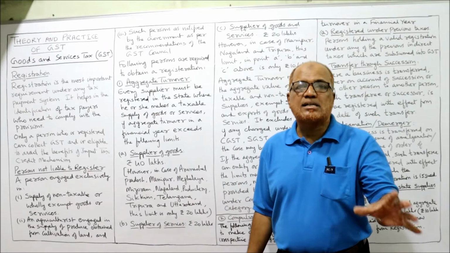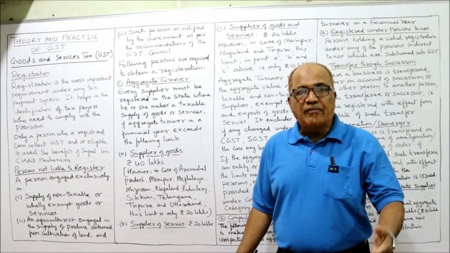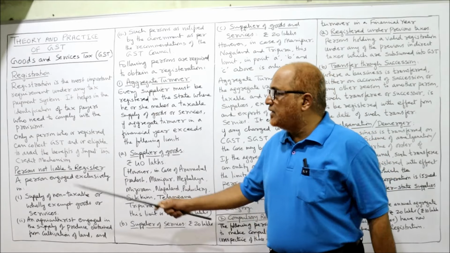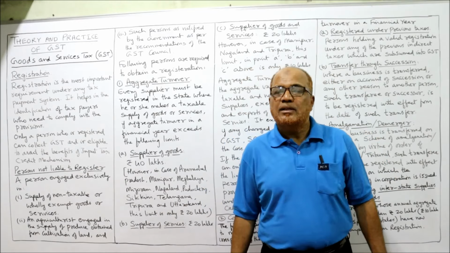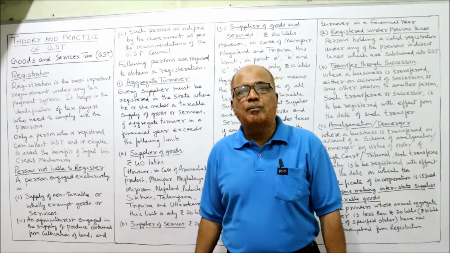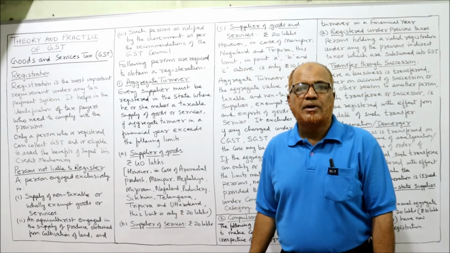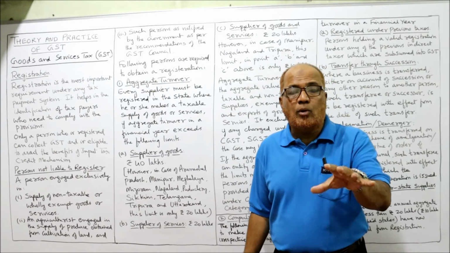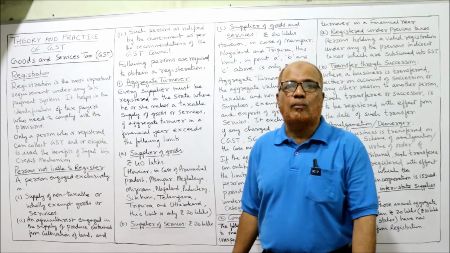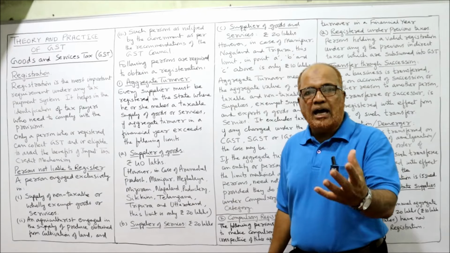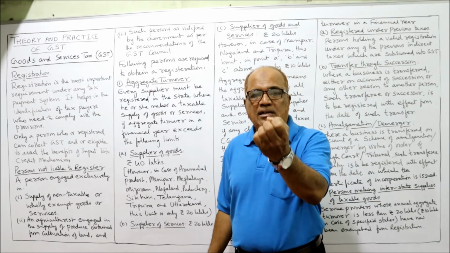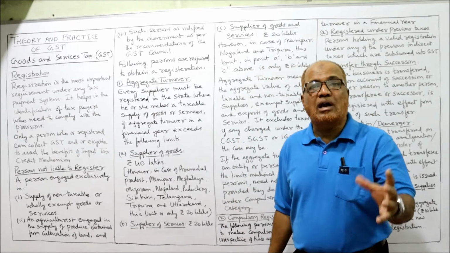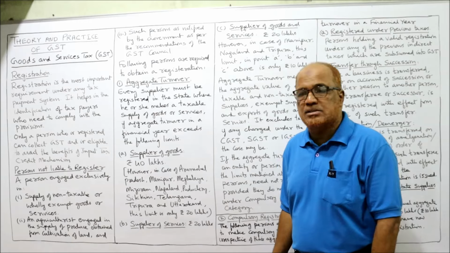Otherwise, if they have not registered themselves, they will not get the benefit of input tax credit. Input tax credit is the backbone. Already I explained it in the last video on GST. With the help of ITC only, the tax liability will get reduced. Otherwise, heavy tax will be applied on the business.